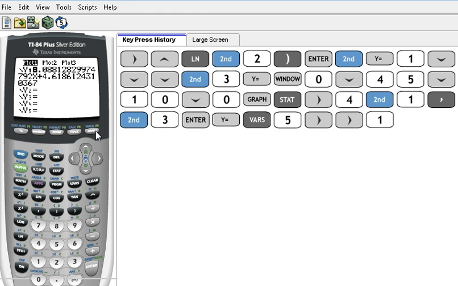Then when I graph, the regression equation appears on top of the stat plot. So now we have the data that we need from the graphing calculator, and we'll return back to the other screen.